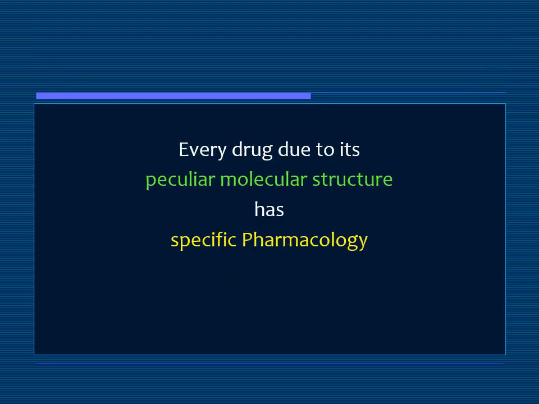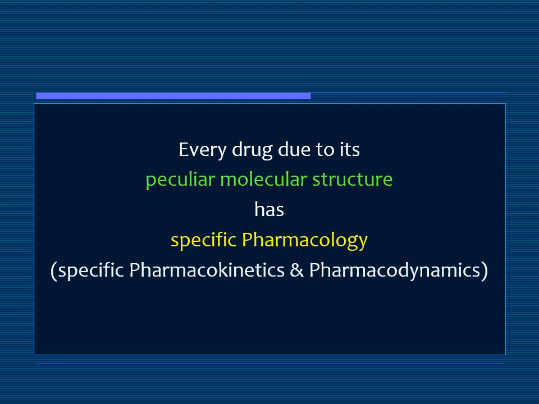Another important thing you should remember throughout your life now: every drug has its own peculiar molecular structure, just like we have specific fingerprints. So due to this peculiar molecular structure, the drug has its specific pharmacology. Now specific pharmacology means specific pharmacokinetics and specific pharmacodynamics.